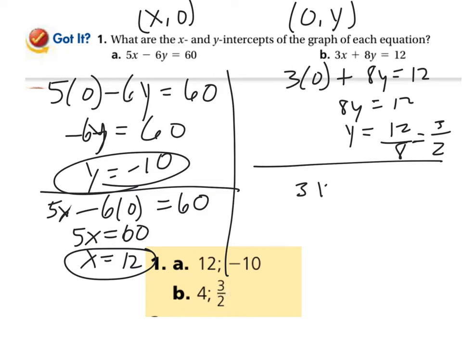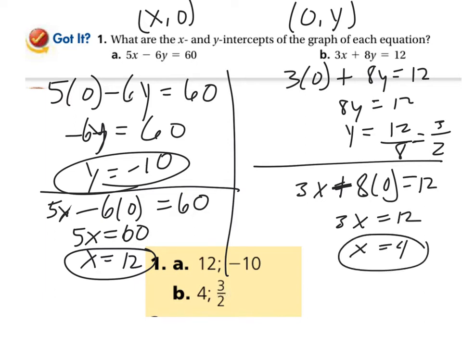So 3x plus 8 times 0 equals 12. So 3x equals 12, divided by 3, x then is 4. So those are our x and y intercepts for the second one.